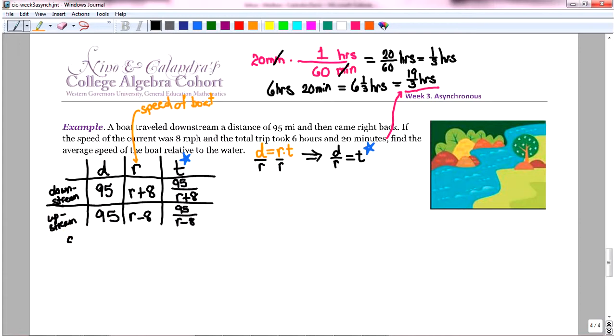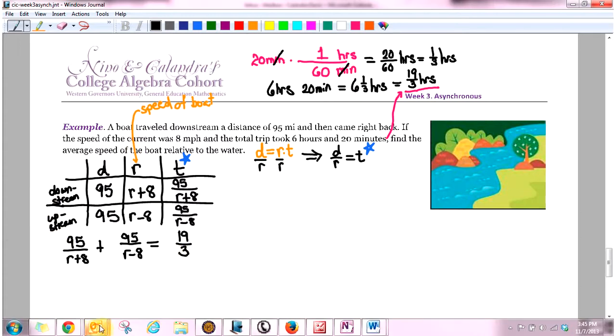Now, if I add those two times together, that should give me the total time of the trip, which we've already converted to 19/3 hours. So this is our equation that we're going to need to solve.